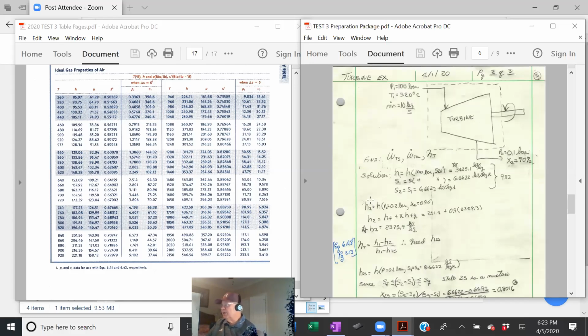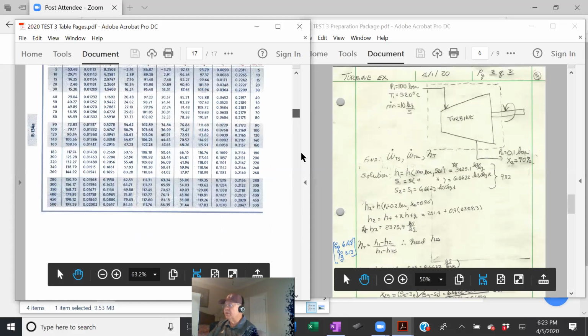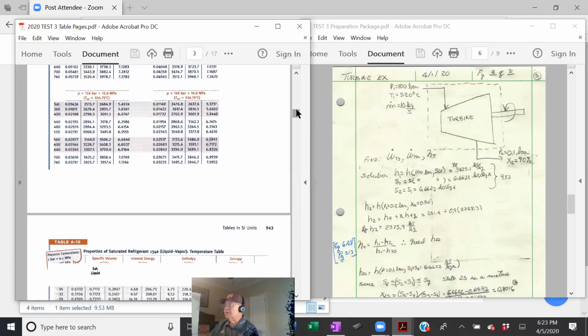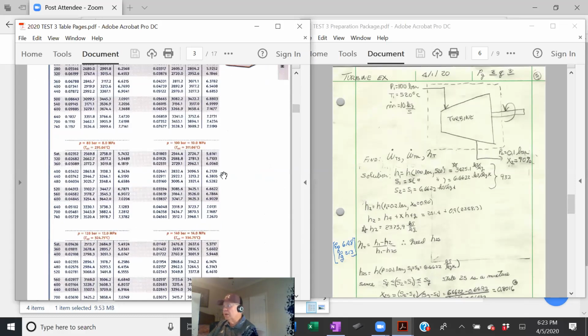Well, H1, we can look directly up in the table. H1 is at 100 bar and 520 degrees. That's going to be on this table, I believe. Okay, there's 100 bar.